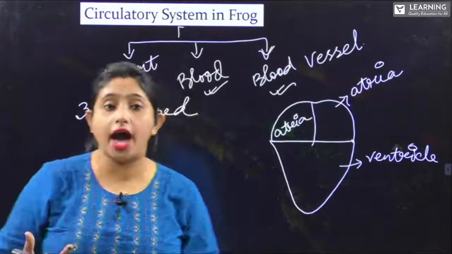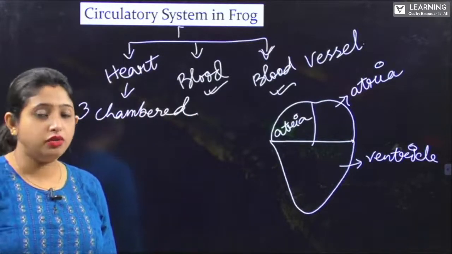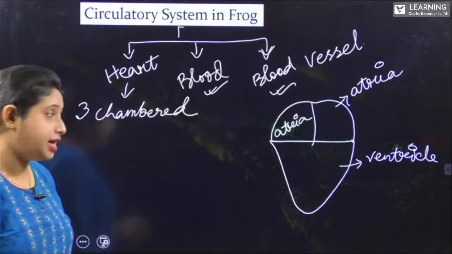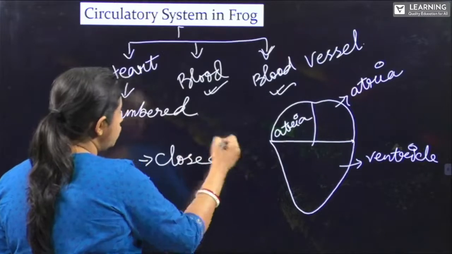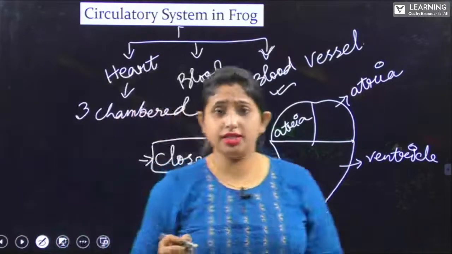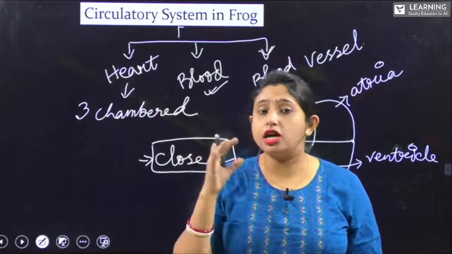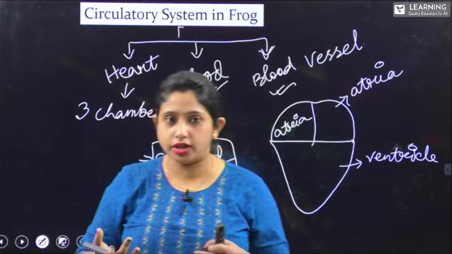So when an animal has blood vessels, what type of circulation is it? Yes, it is closed circulation. Okay, it is a closed type of circulation. That is, the blood vessels are involved in the transfer of the blood to all the organs, right?